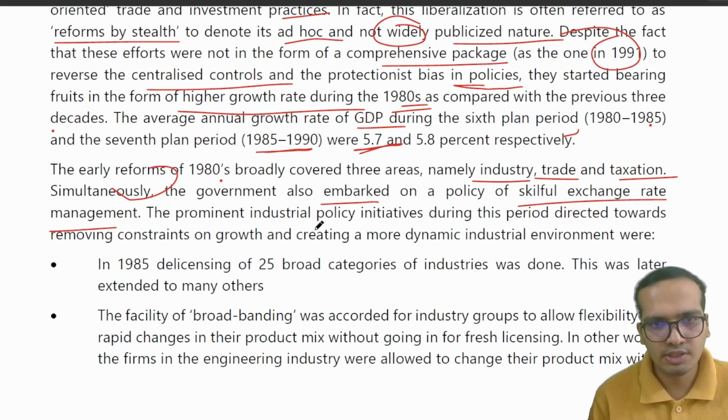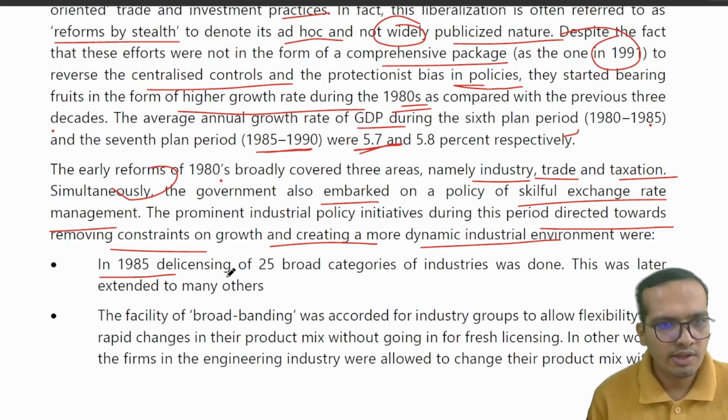The prominent industrial policy initiatives during the period were directed towards removing constraints on growth and creating a more dynamic industrial environment. In 1985, delicensing of 25 broad categories of industries was done. This was later extended to many others.